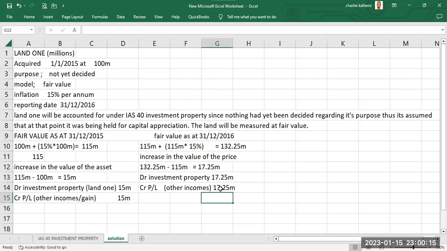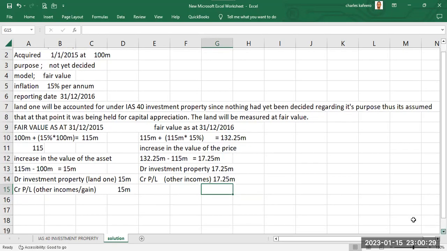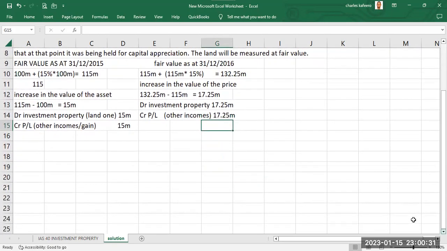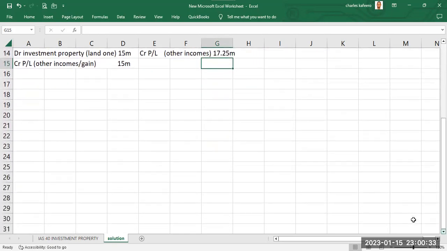This one is going to be taken to the income statement, and this figure will be taken to the balance sheet. So we can now go to land 2 and compute land 2. We've done land 1, and for now we can go to land 2.